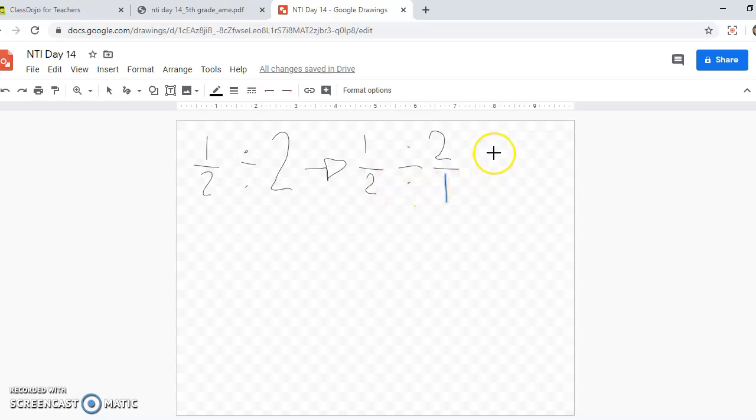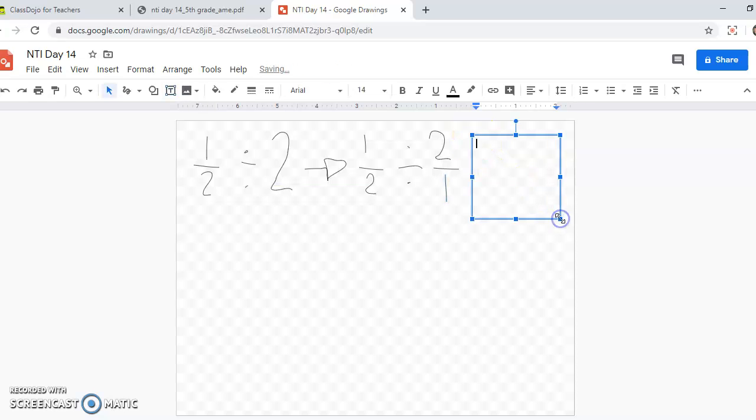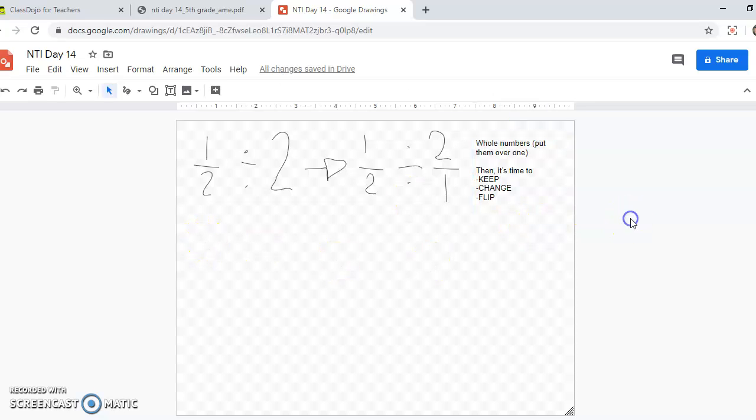Then from here, if you remember, we were doing a little thing that we call keep, change, flip. So first thing, whole numbers, put them over 1. Then it's time to keep, change, flip. So my first fraction, I'm going to follow this format.